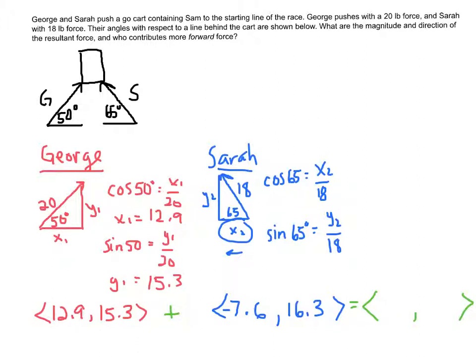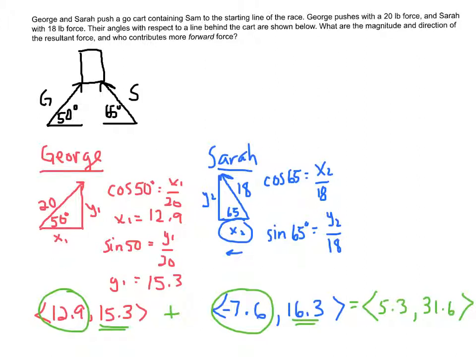So I'm going to add the x components together, and then add the y components together to get my resultant components. 12.9 plus negative 7.6 is 5.3, and then 15.3 plus 16.3 is 31.6. And so we have the x and y components of our resultant vector.